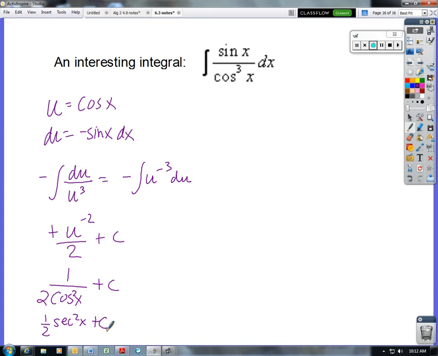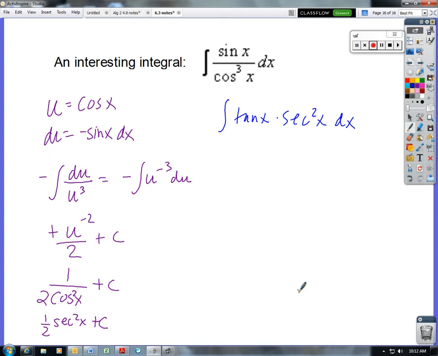If you didn't do it that way, you might have done it this other way. You might have used identities. You might have noticed that this is sine over cosine, which is tan, times secant squared, right? Because that's 1 over cosine squared.